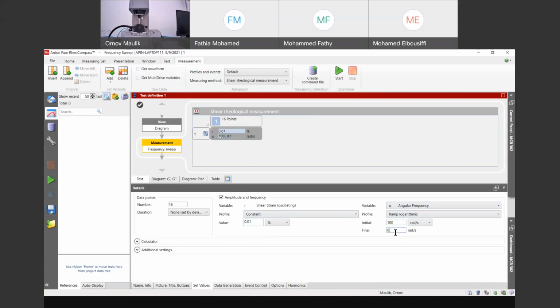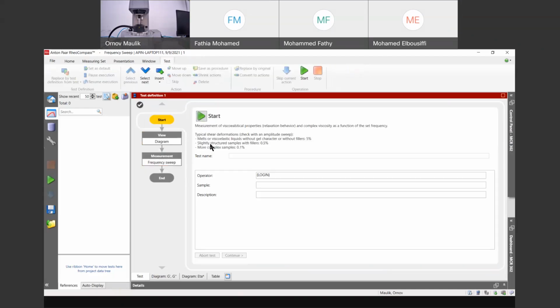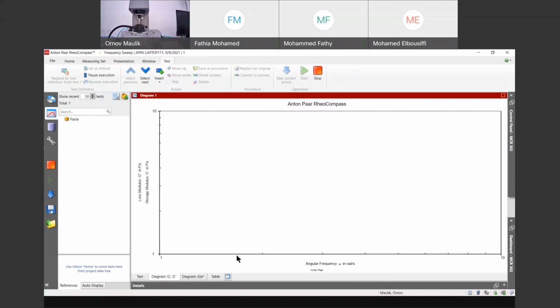Here, just to save some time because this is a time-taking experiment, I will just put 1 radian per second so that it will be finished early. Although you need to change the sample for every run, just to save time, I'll start with the same sample that I have tested earlier. Although you need to change the sample every time.